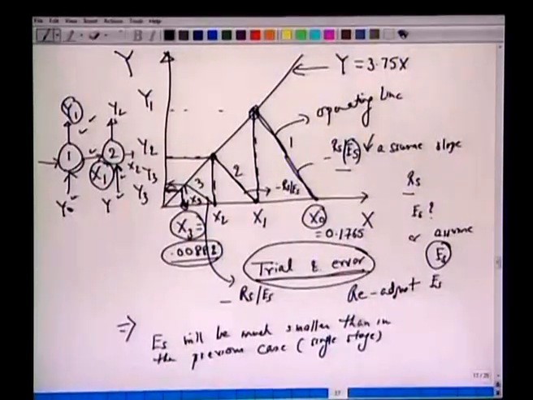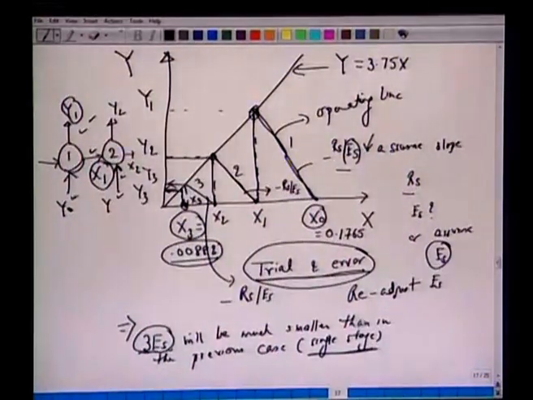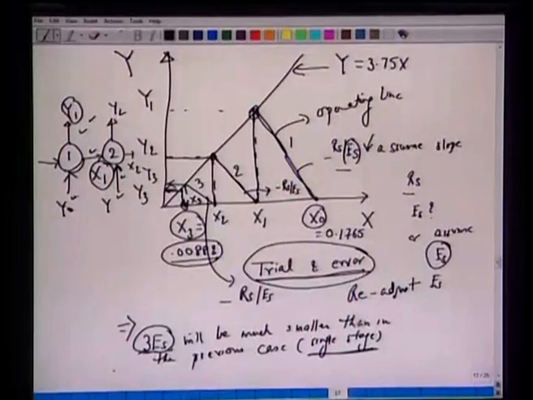Actually, the total amount is 3 times Es, because we are assuming all 3 stages have the same flow rates. Here the amount of solvent required will be much smaller than in the case of the single stage. I leave this as an exercise to solve graphically as well as by mathematically writing down the equations.